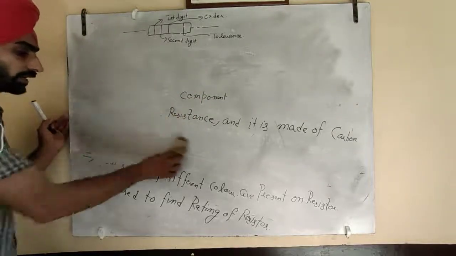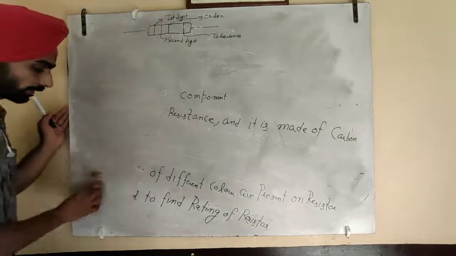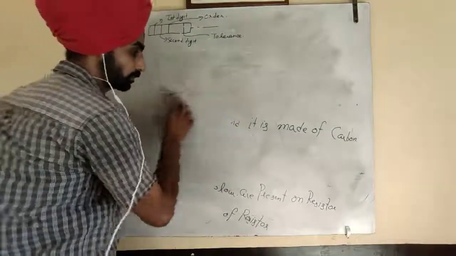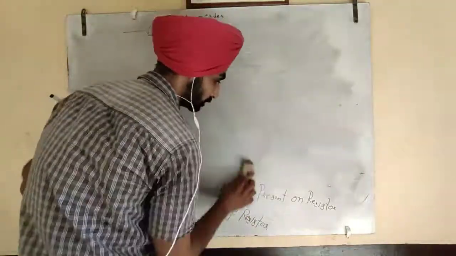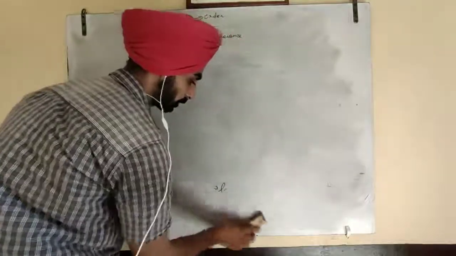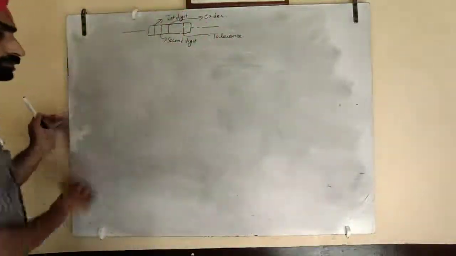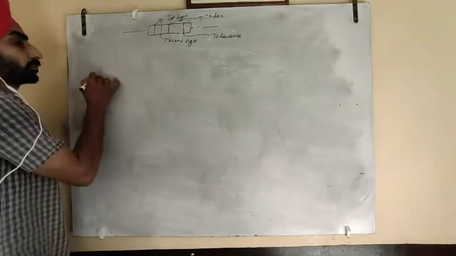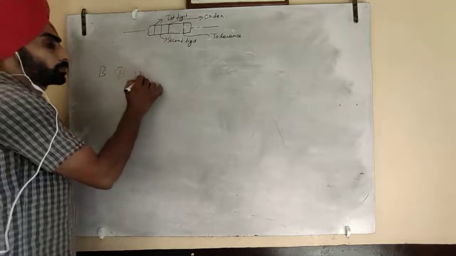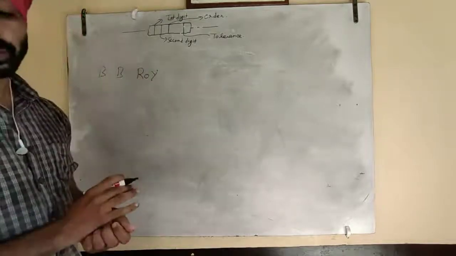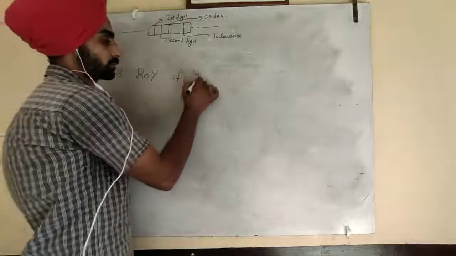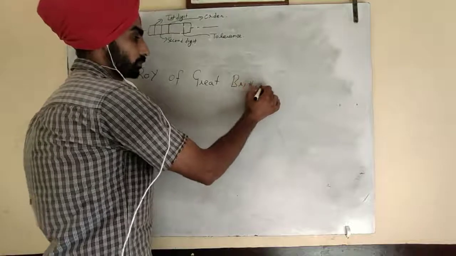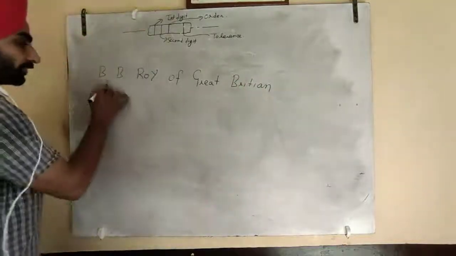So first make a graph. I'm going to give you a mnemonic for how color coding is done. So like this, remember this: B.B. Roy of Great Britain has a very good wife.